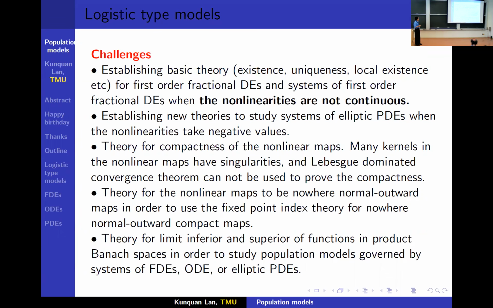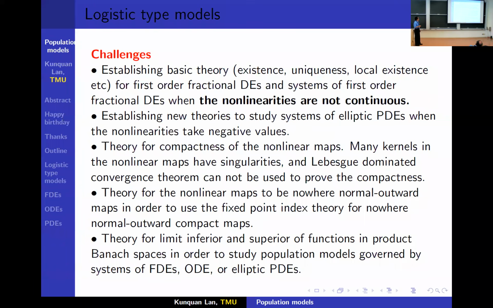The first one is compactness. For the nonlinear map, you have to show it is compact if you want to use fixed point index theory. The big difference is that the Green's function in the kernel has a singularity, so you cannot use the dominated convergence theorem. That causes trouble.